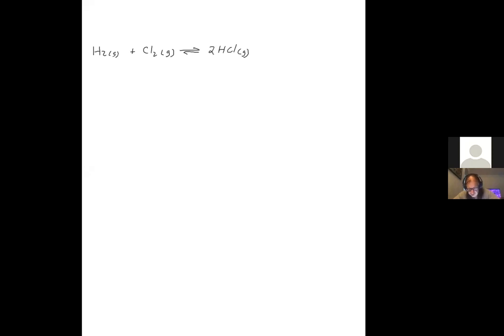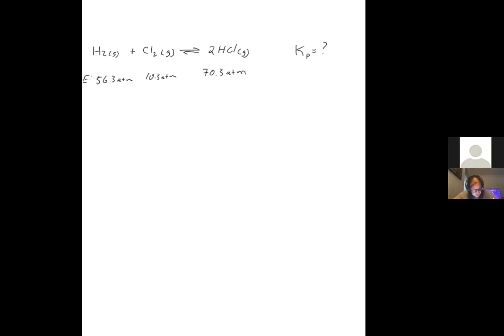We're going to try to calculate what Kp is. We are told the equilibrium pressures, so I'll just write them down here. E for equilibrium: 56.3 atmospheres, 10.3 atmospheres, and 70.3 atmospheres. So that's at equilibrium.